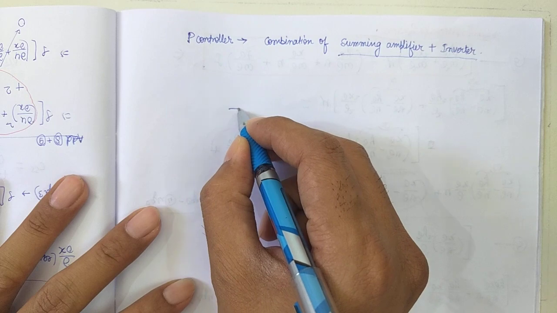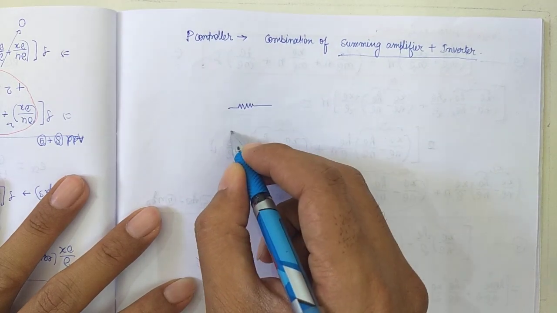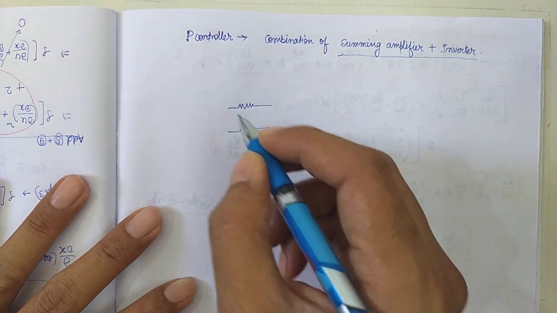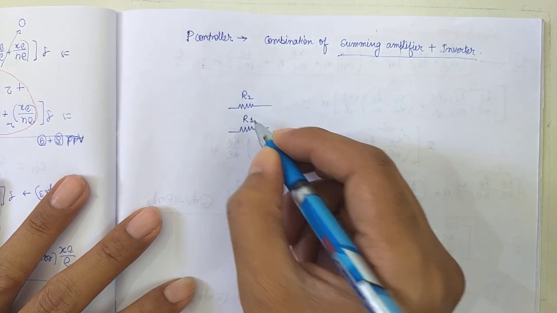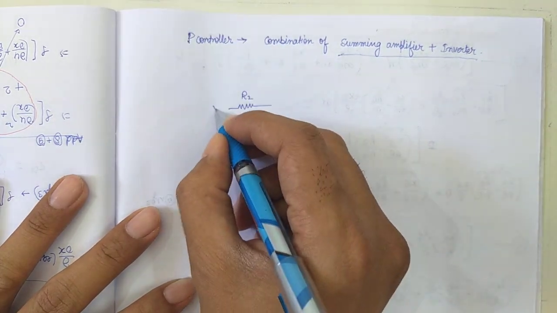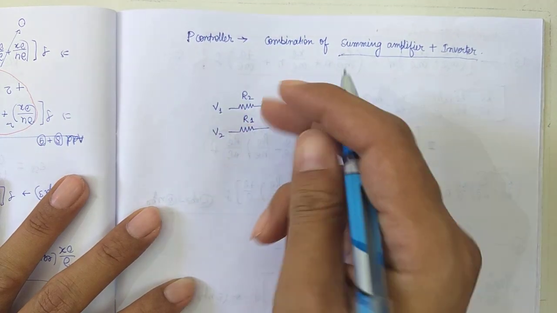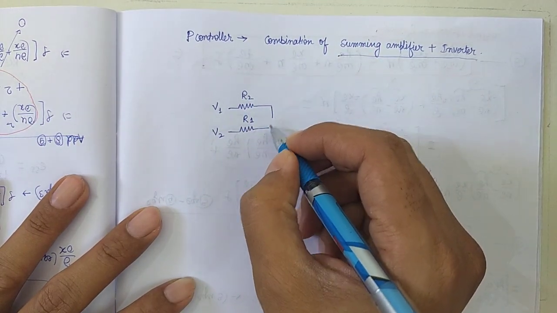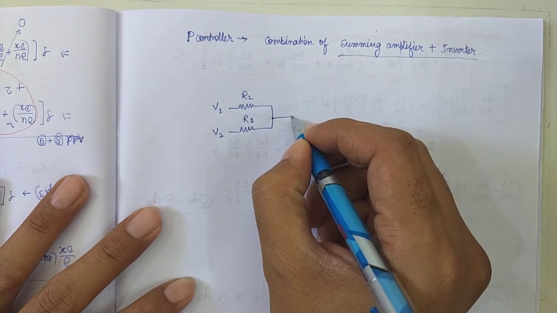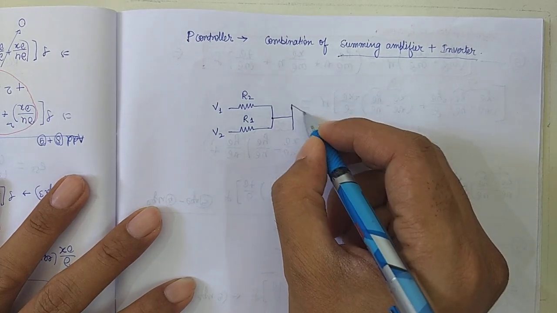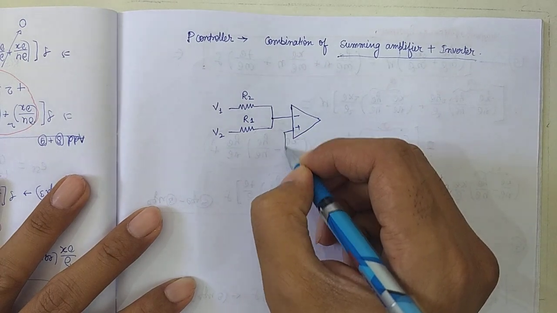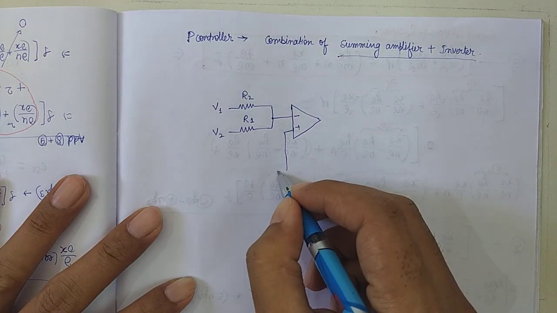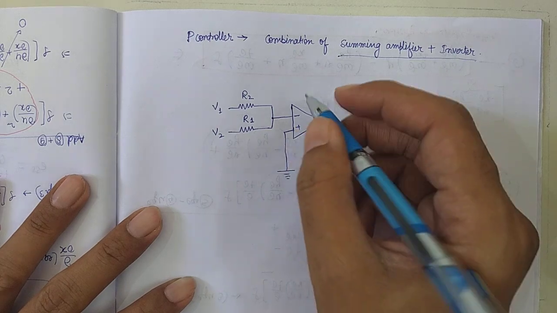So we have two resistances here. We are going to add these two. Let's suppose this is my R2 and this is my R1. This is my V1, this is my V2. Okay, maybe I have swapped it, doesn't matter. And this is fed through the negative terminal, and the positive terminal is connected to V0.